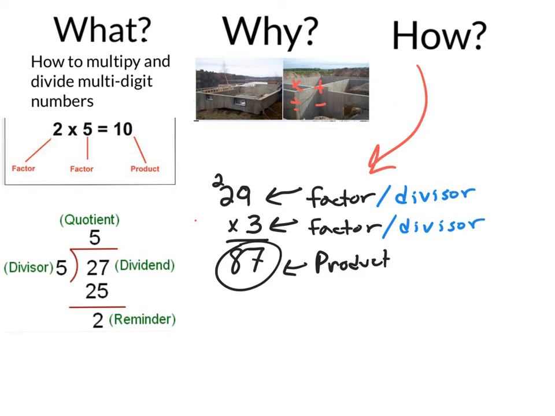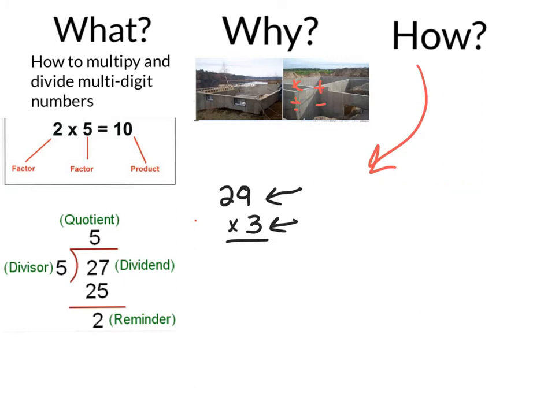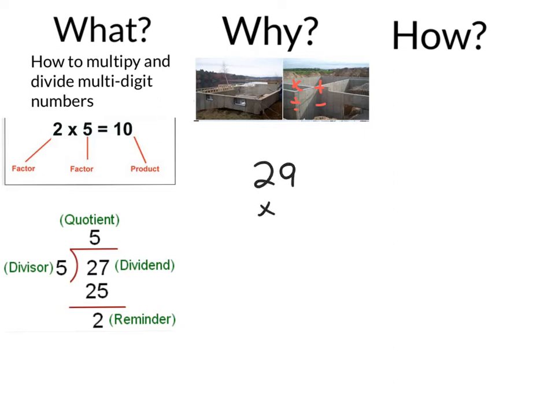Let's do another method. I'm going to get rid of some of this. Let's do 29 times 3, but let's solve it in a different manner. 29 times 3. You can think of the 29, you can say, well, that's really like 20 times 3, right? Which would give me 60.